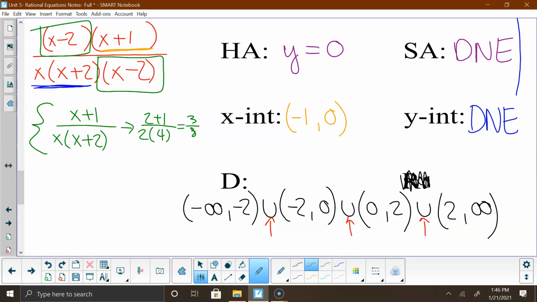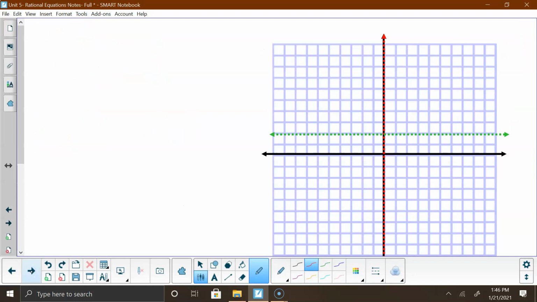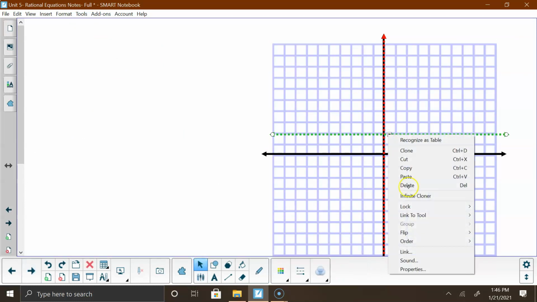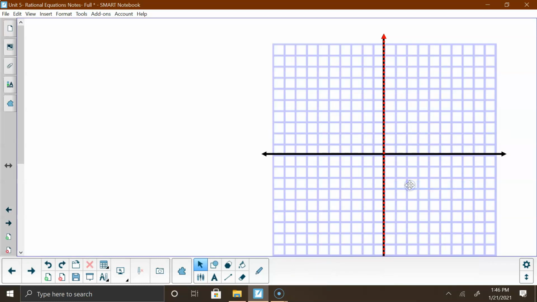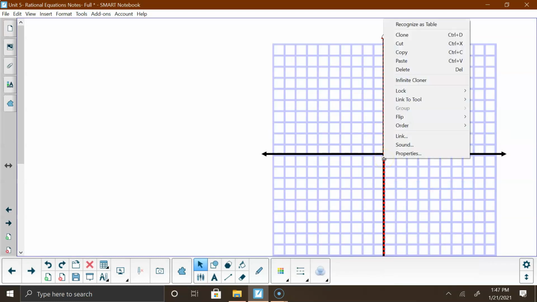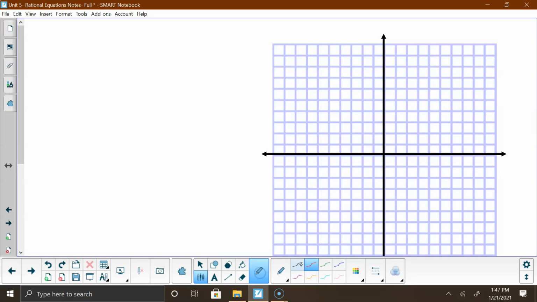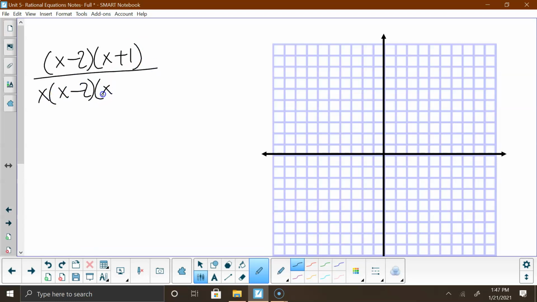So, when it comes to graph, don't worry about putting a graph in your notebook. I have my graph stamp, which the blue kids think is factored to be x minus 2, x plus 1. Cool.